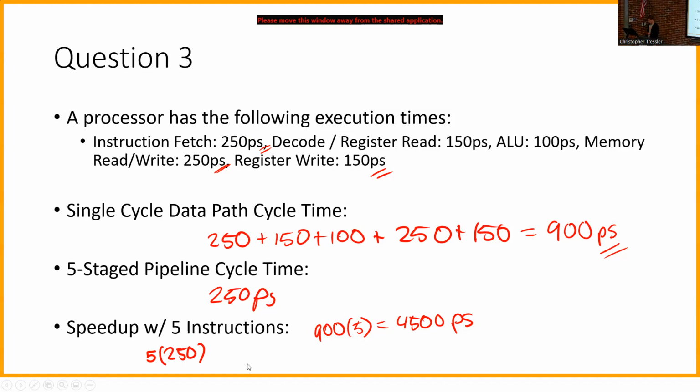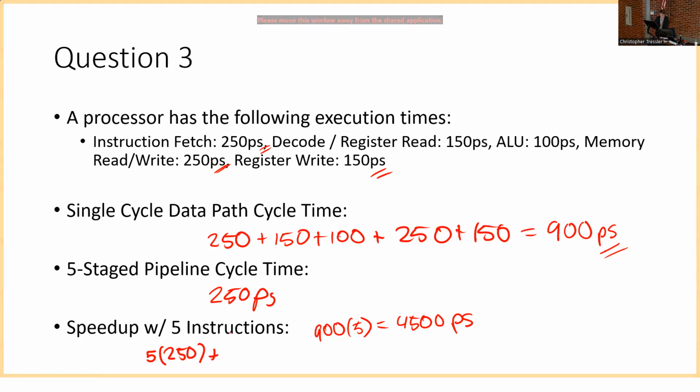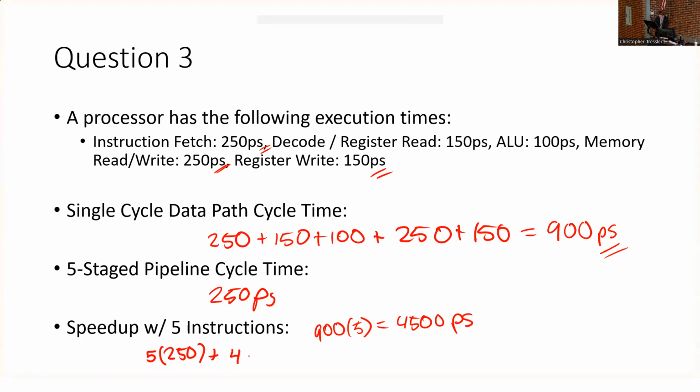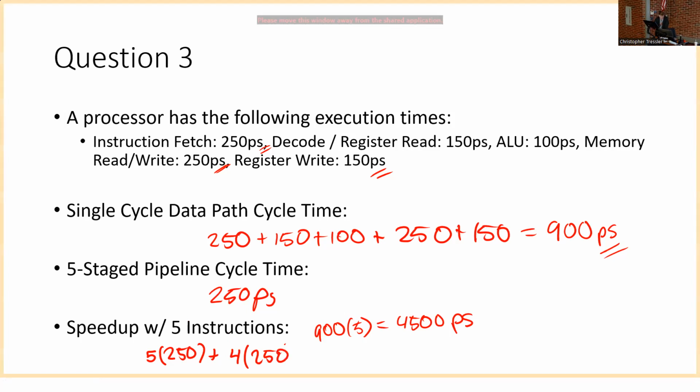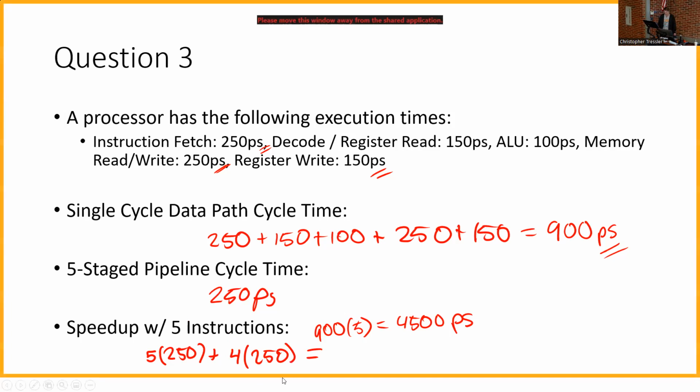After that, the rest of the instructions, 5 minus 1, so 4, will each take only 250. So 4 times 250 is 1,000, plus 5 times 250 is 1,250, so it's 2,250 picoseconds.